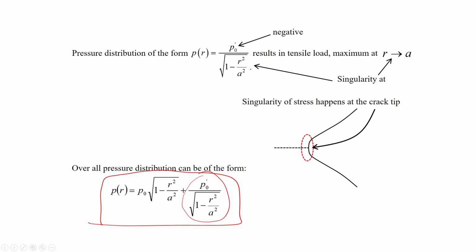This contact line stress singularity is not a problem, because the material of the two spheres deforms over here and creates some finite radius of curvature, and because of this deformation it generates the elastic stress, and that goes against this stress singularity of the pressure distribution, in the opposite direction.